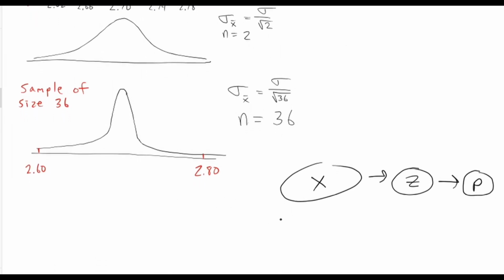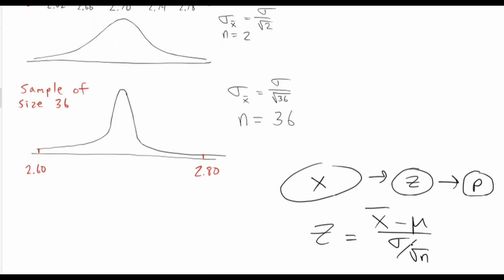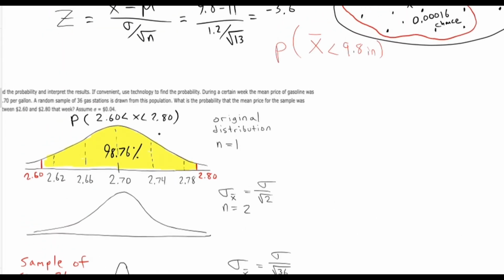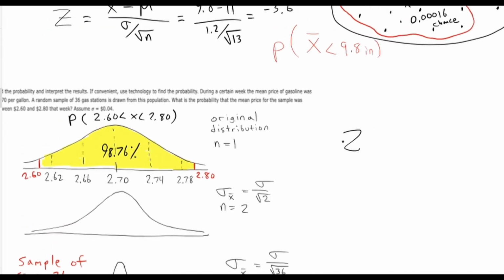So we're going to turn this into a Z, but we have to use the formula z equals x bar minus mu over sigma over square root of n, because we're taking into account that this has a different standard deviation than this one had. This one would be just z equals x minus mu over standard deviation.